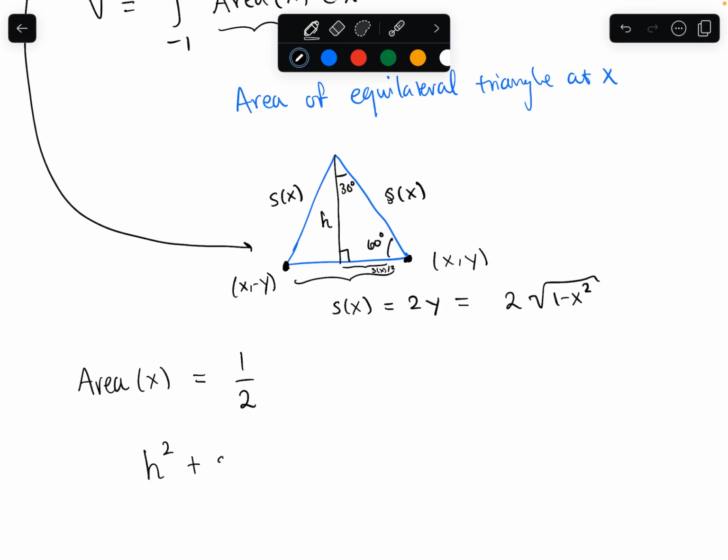h squared plus the side length s over 2, quantity squared, equals the side length squared. Which means h squared is 3s squared over 4, which means h is square root of 3 over 2 times s.